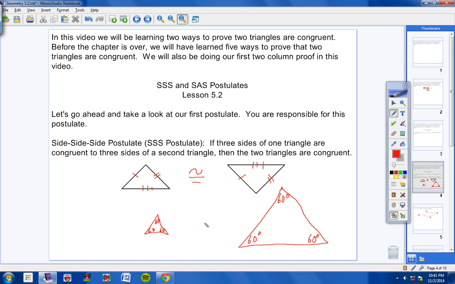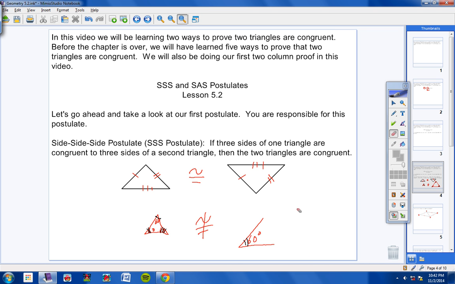And notice these two triangles are definitely not what? Congruent. There's no way. So even though this angle here was congruent to this angle here, and this angle here was congruent to this angle here, and this angle here was congruent to this angle here, the two triangles were not congruent, okay?